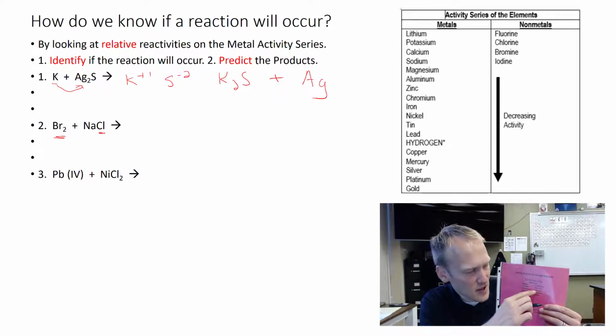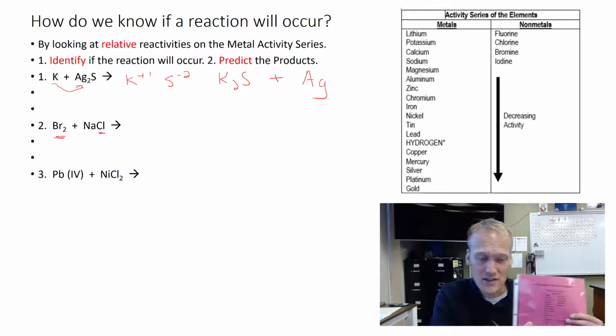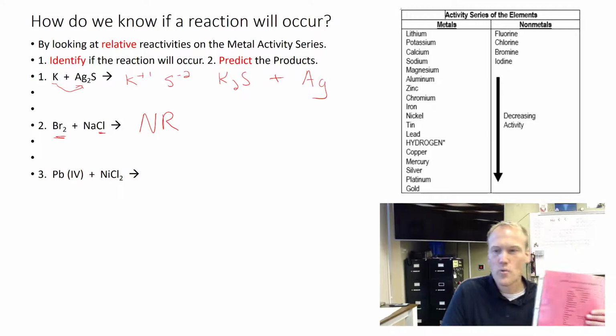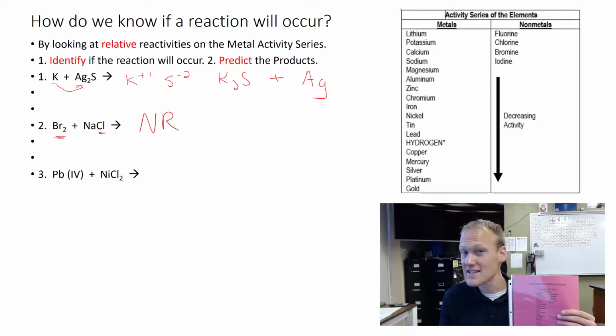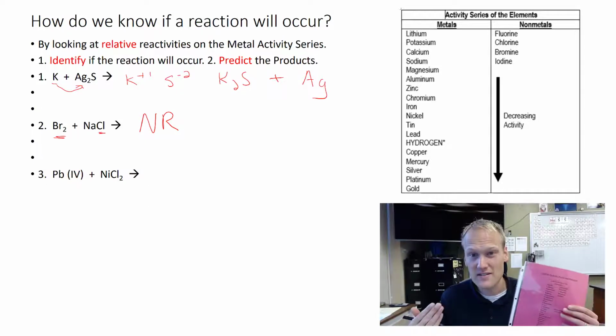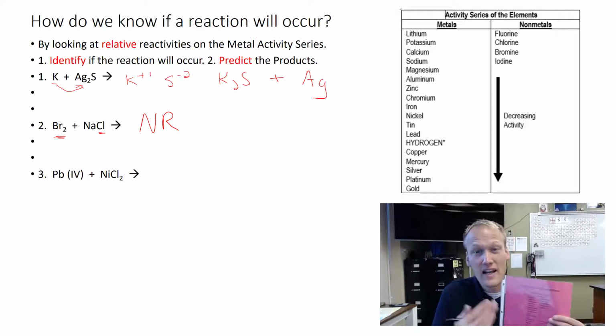And the answer is no. Chlorine is more reactive, and it's already bonded, which means what we would put for this number 2 is just NR. We'd put no reaction. This is not going to happen, and therefore we don't have to predict products. So you can start to see how using this chart is really important, and it can save you some work because you don't have to predict products that are never going to form.